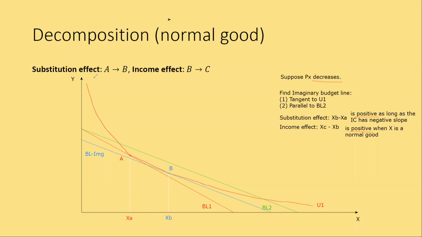So the new indifference curve, instead of being tangent to the BL2 at a point that is to the right of point B, it might be tangent to this indifference curve at a point that is to the left of point B. Let's say it is somewhere here. The indifference curve might look something like this.